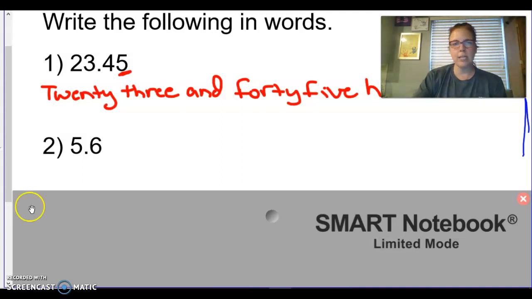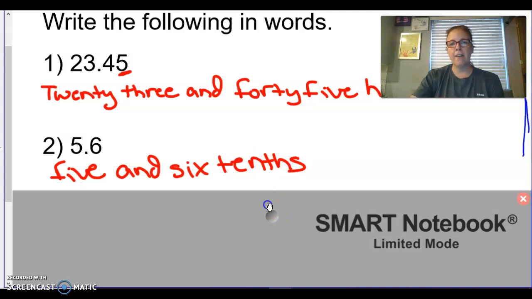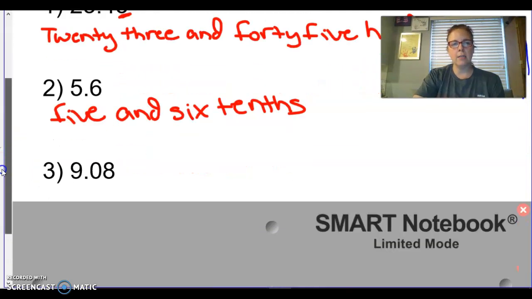So it's really 5 and 6 tenths. Sorry if you can hear my kids outside, they're playing. 5 and 6 tenths. Okay, next one.